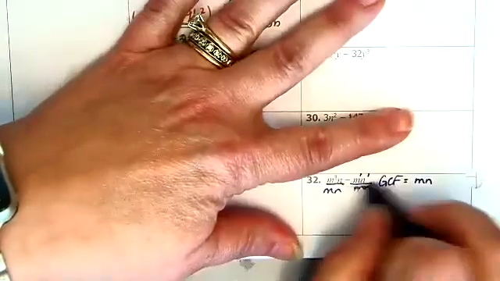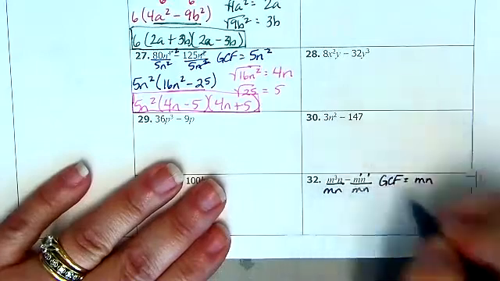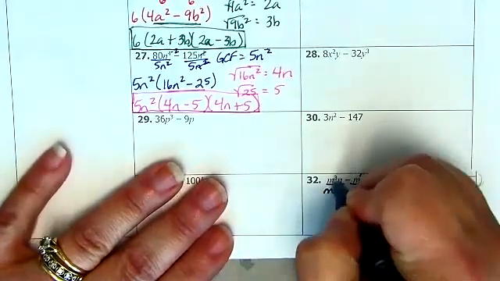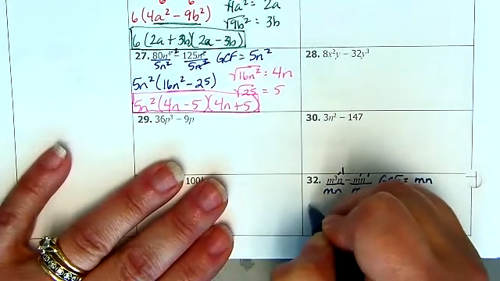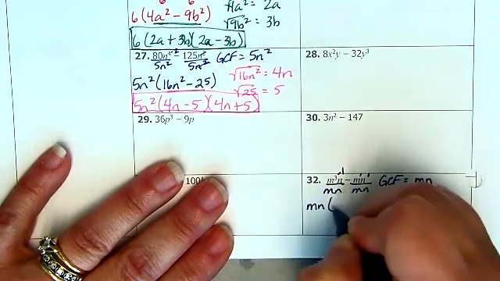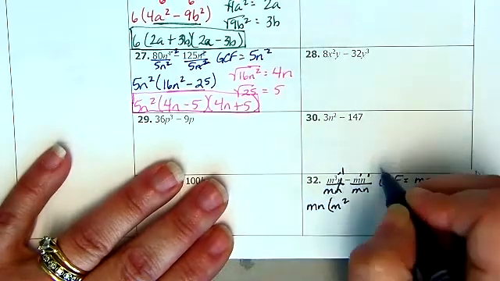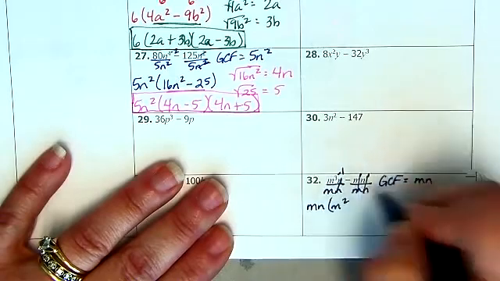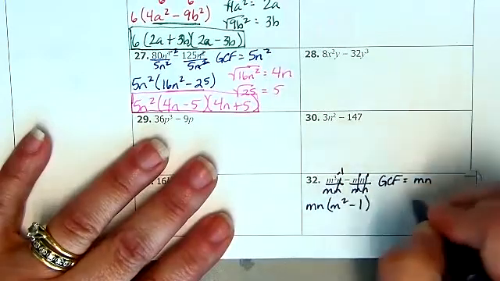When I'm taking care of the m's, that means I'm subtracting 1. So what am I left with? m squared. The n's cancel. Oh, all of this cancels. So when it's the same thing divided by the same thing, that's going to be minus 1.